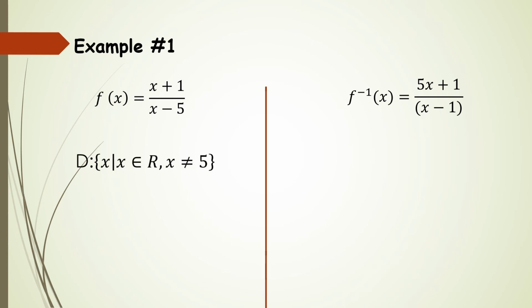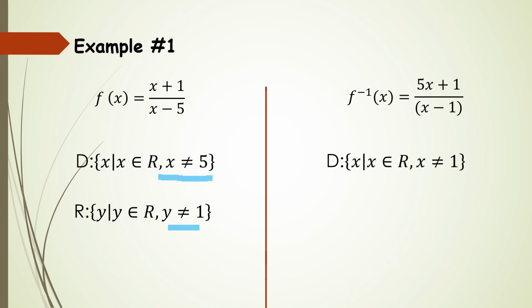So, we have the domain na ang restriction ay not equal sa 5 sa ating function. Ang range naman, dapat not equal to 1. Sa ating inverse function, sa domain, dapat hindi equal sa 1. Sa ating range naman, ang restriction niya ay not equal to 5.